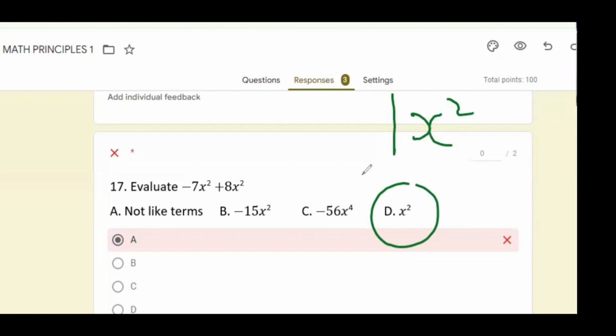And this positive 1 of x squared, the number we have in front of our variable is what we call the coefficient. That means this one is the coefficient.